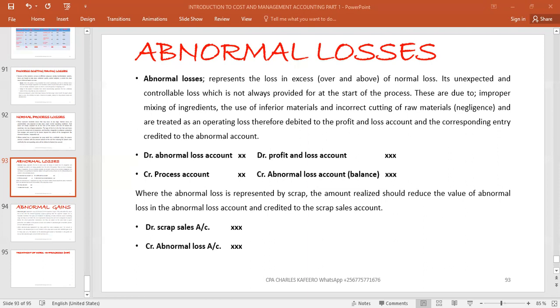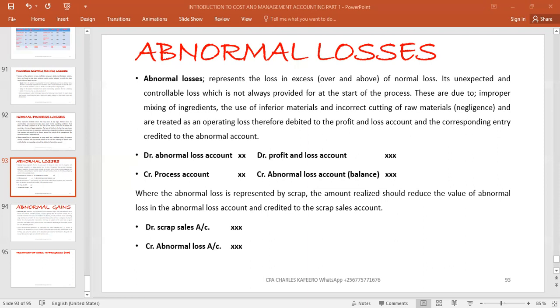When we get our scrap value, we debit the scrap value account and credit the abnormal loss account. The reason we credit the abnormal loss account is that we want to reduce the abnormal loss we incurred in its own account. Remember, when we incurred the abnormal loss, we credited the process account and debited the abnormal loss account.